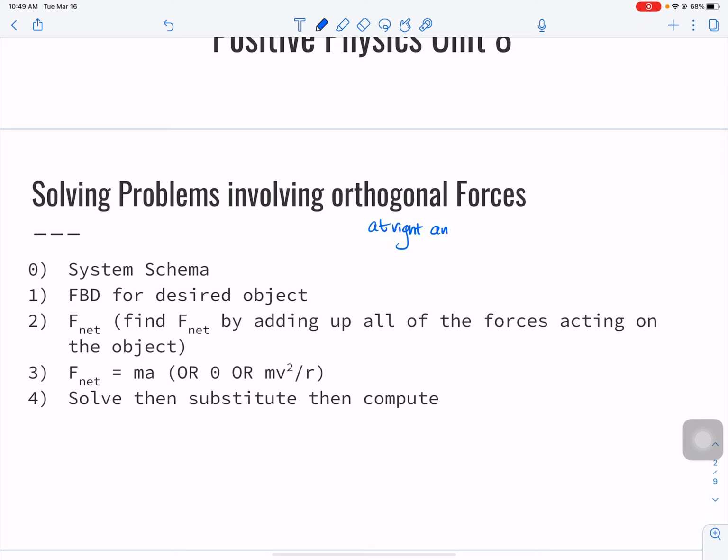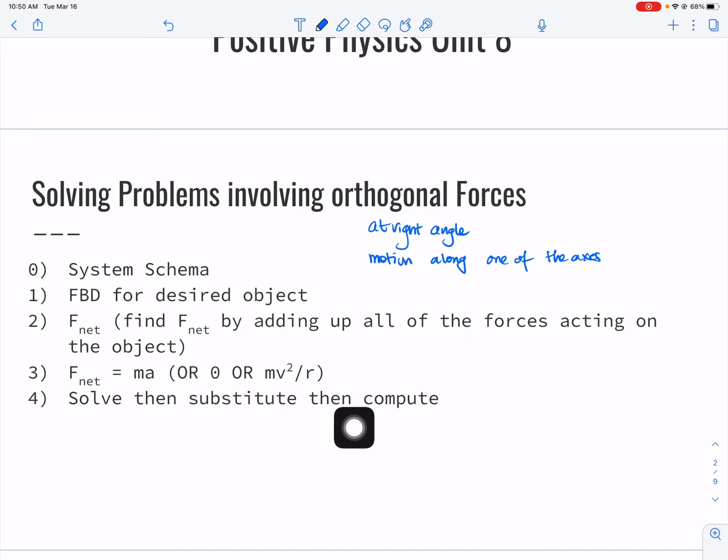And generally, we're going to talk about motion along one of the axes. Typically you would start with a schema, and then you would do a free body diagram for the object that you were studying. Then you look at all of the forces acting on the object and you add them up.